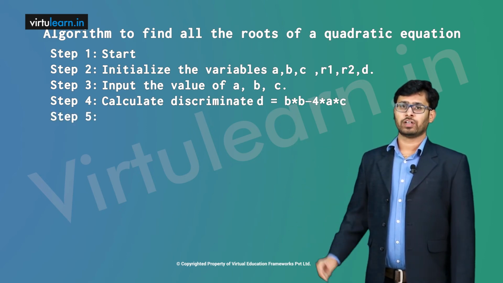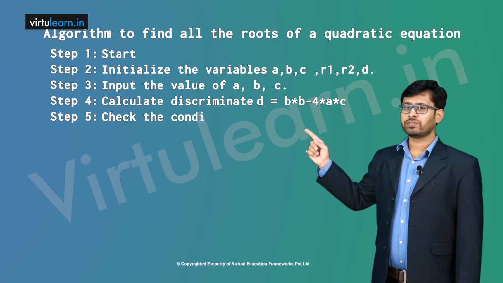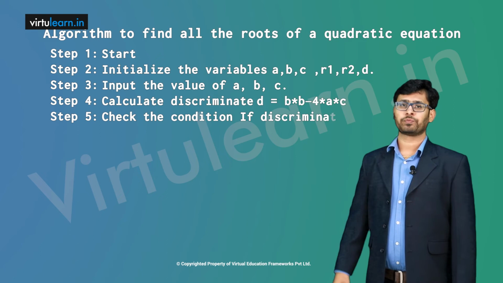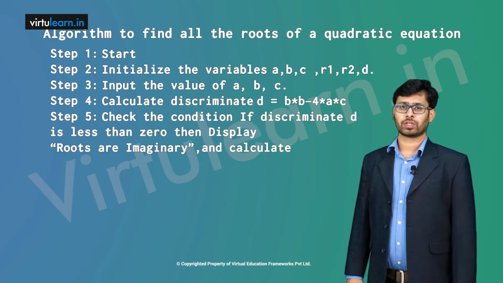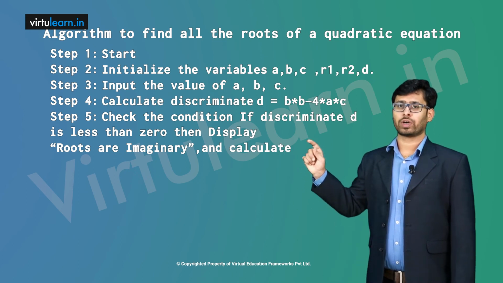Step 5, now we need to check the condition. If discriminant d is less than 0, then display roots are imaginary, and we need to calculate the roots r1 and r2.